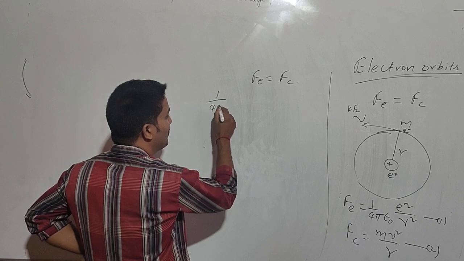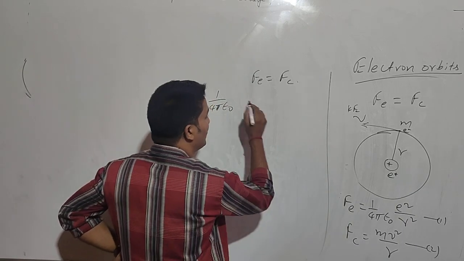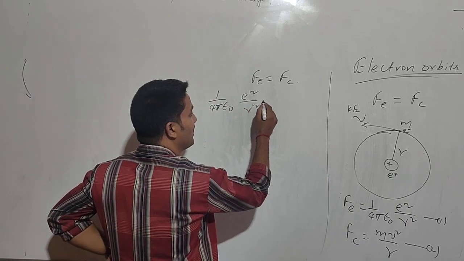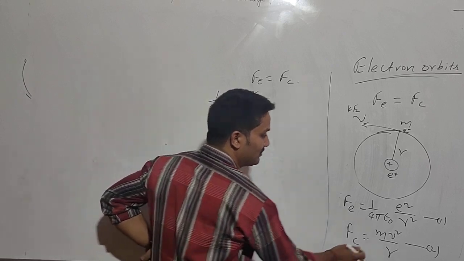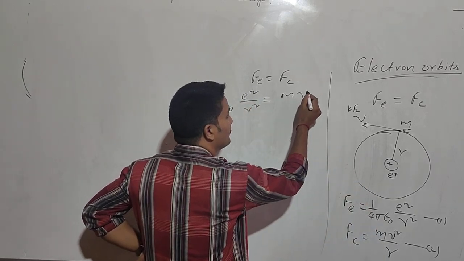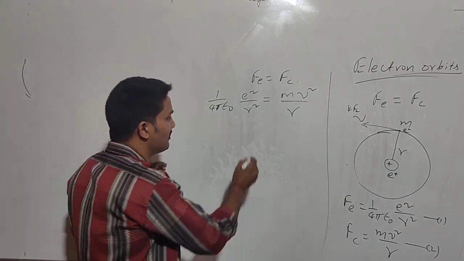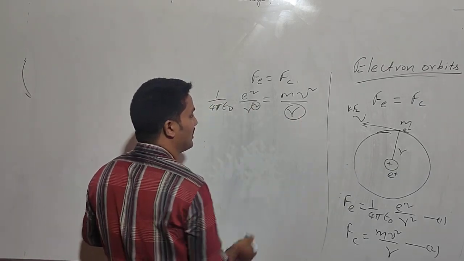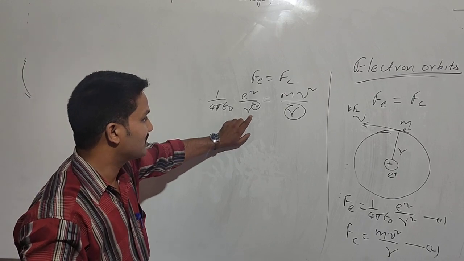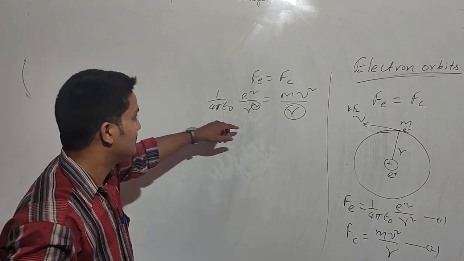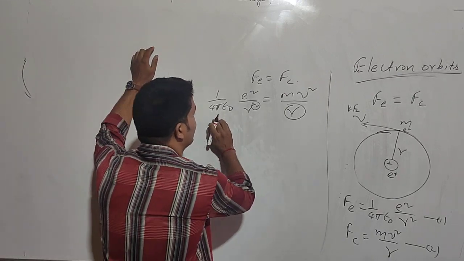So 1 by 4 pi epsilon naught e square divided by r square is equal to mv square by r. From this, r in r square, one r cancels.